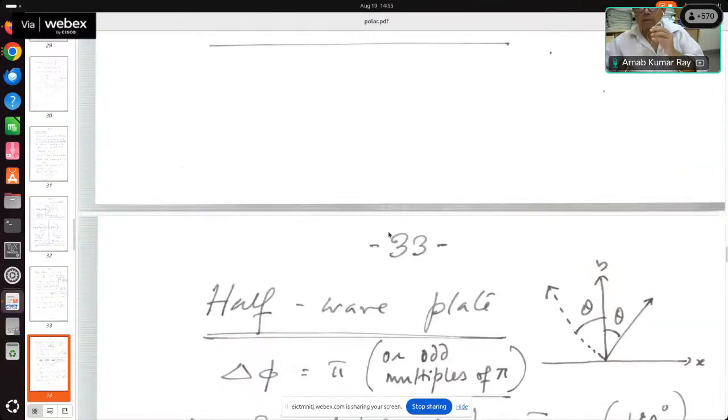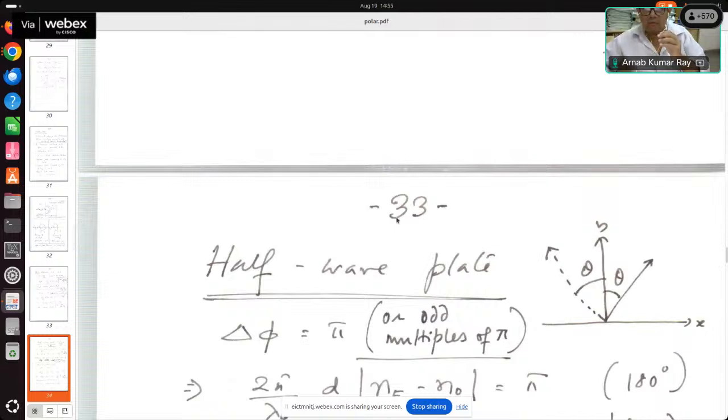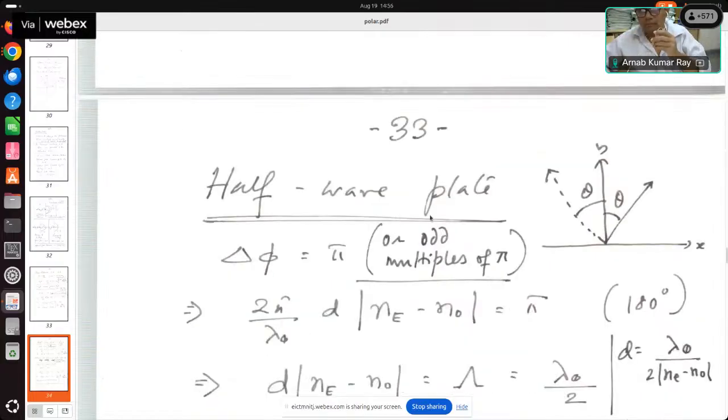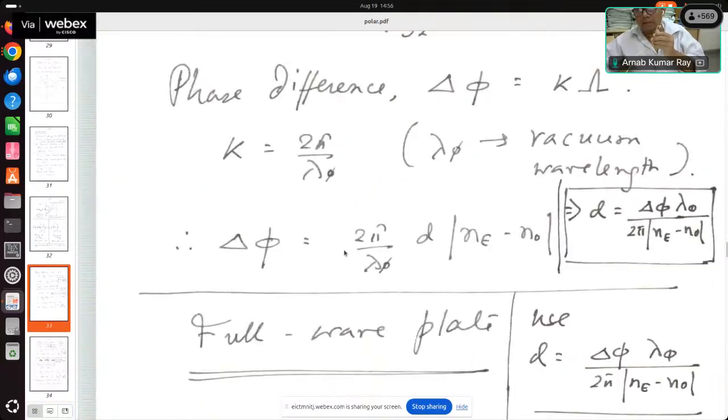One is the half wave plate. When you say half wave, it means that here delta phi will be equal to pi, which is an odd multiple of pi. This formula we are using: delta phi is equal to 2 pi by the vacuum wavelength times d.